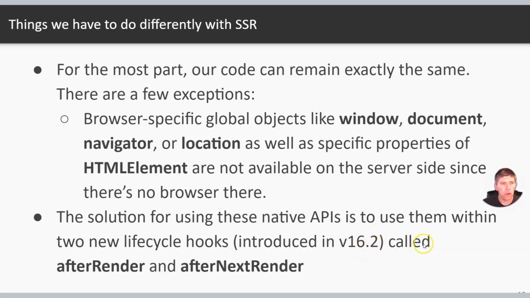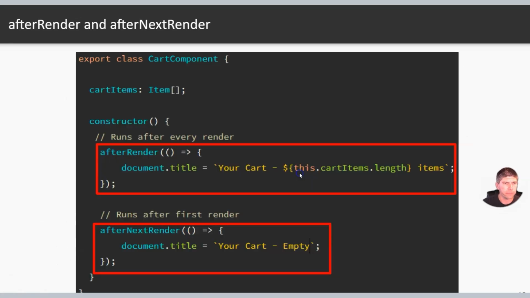And these hooks are called afterRender and afterNextRender. So this is what they look like. You would use them in the constructor of your components. And so afterRender is going to run after every render on the client side only. And that's why these hooks are important. They don't run on the server side.